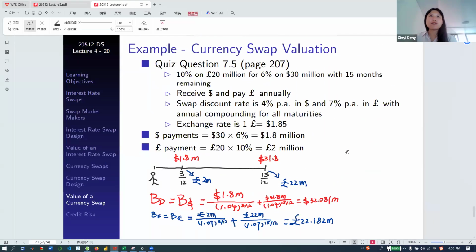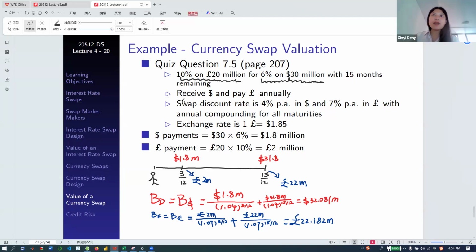Now, here we have another example. It's quiz question 7.5 from page 207 of your textbook. In this swap, you have 10% on 20 million pounds, and also 6% on $30 million. Sorry, that's dollars, not pounds. And you have 15 months remaining.